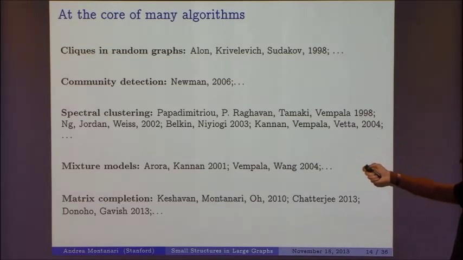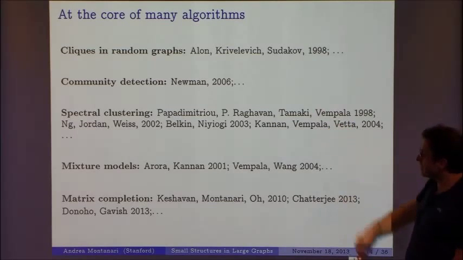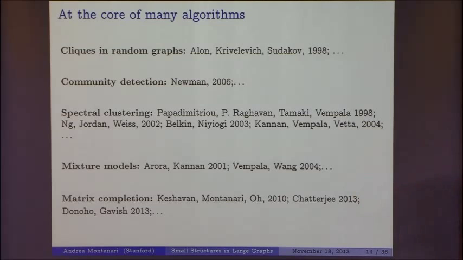In the problem of finding cliques in random graphs, it actually dates back to a very nice paper by Alon, Krivelevich, and Sudakov, where they showed that if k is bigger than a sufficiently big constant times square root of n, then you can reconstruct this community correctly. In community detection, it was studied. It's a building block of spectral clustering, etc., etc., etc.